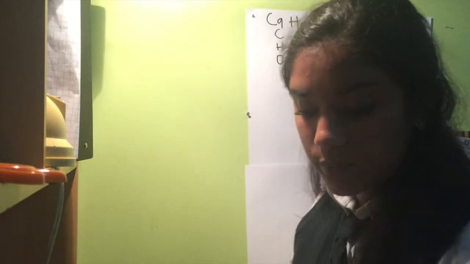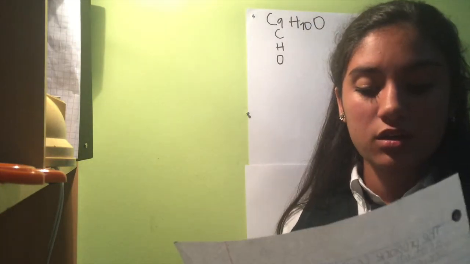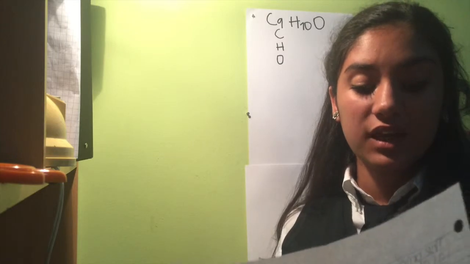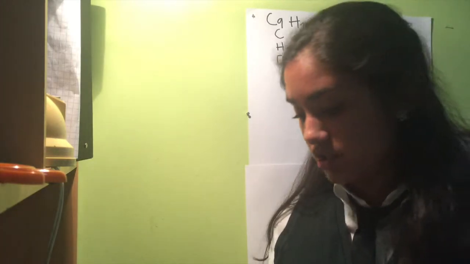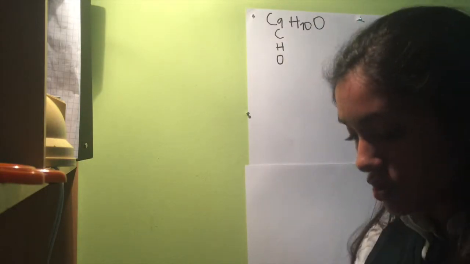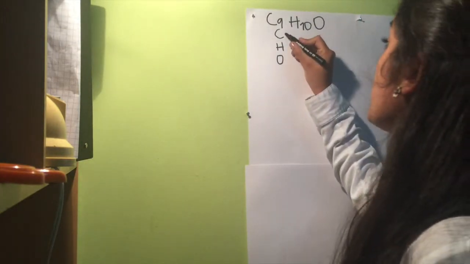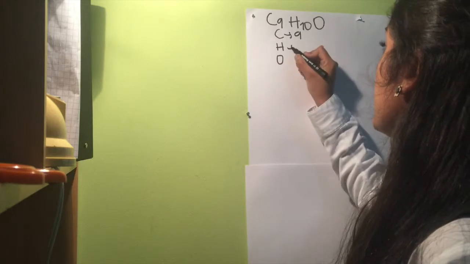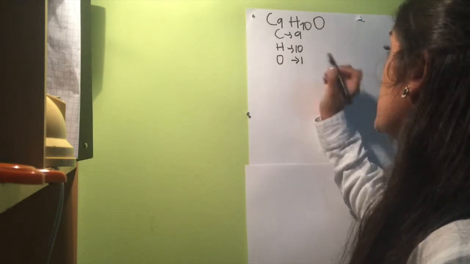Problem number 2. They are asking us to calculate the percentage composition by mass of carbon, hydrogen, and oxygen, and they give us this equation. So we know that for carbon we're going to have 9, for hydrogen 10, and for oxygen 1.